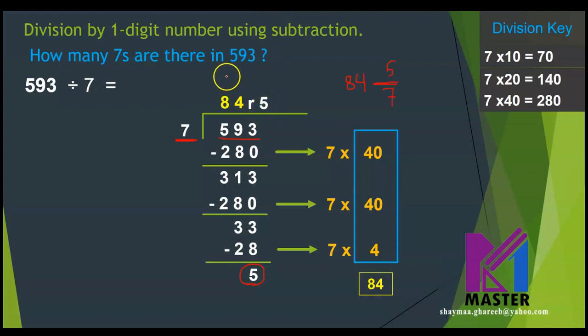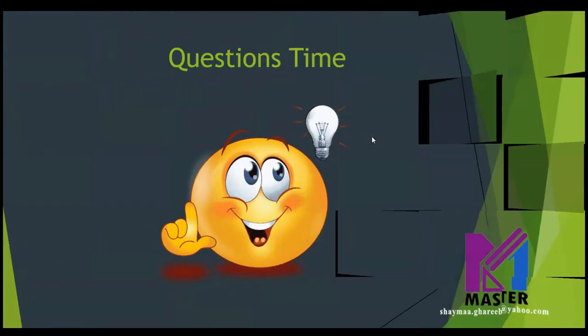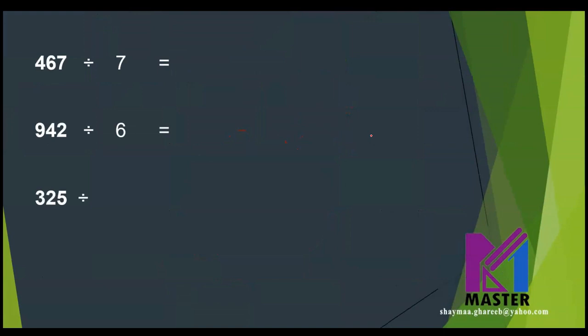I should divide the 5 by 7, which is equal 5/7. So the answer will be 84 and 5 over 7. Remember, when you have a remainder, you can write your answer as a mixed number as follows. The remainder should be written up and the divisor down. Okay?